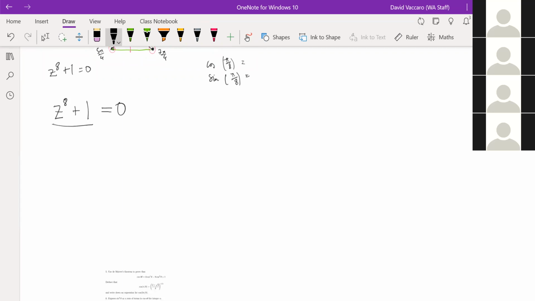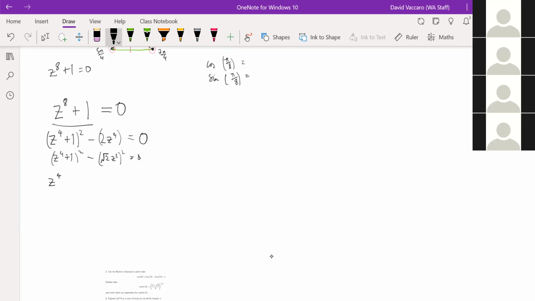What would I do first to solve z to the 8 plus 1? Well, I would complete the square. So z to the 8 plus 1 is z to the 4 plus 1 all squared, take away 2z to the 4, which is the same as z to the 4 plus 1 squared, take away root 2 z squared, all squared.